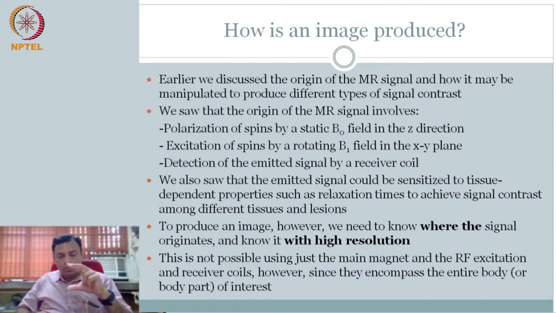We took a volume and used the static field and excitation field to understand what signal we got, but that is not sufficient. We need some more information. We need to be able to encode different locations with something unique, so that when we get the signal, we can tell it came from that particular location, right?